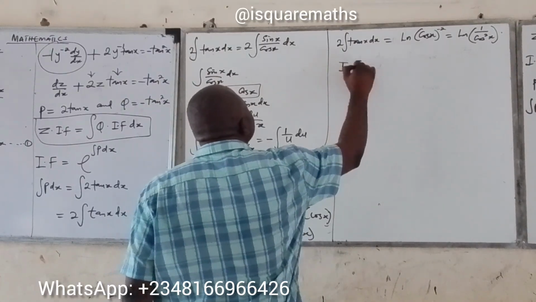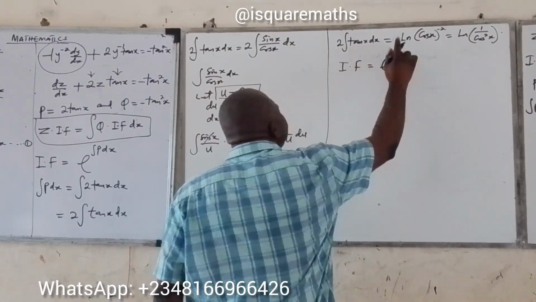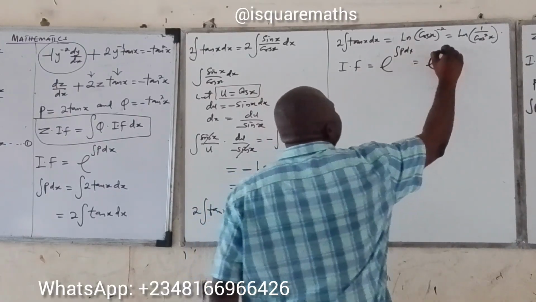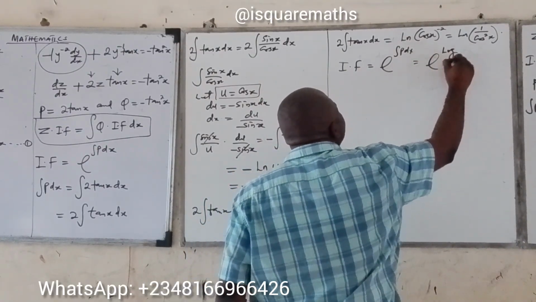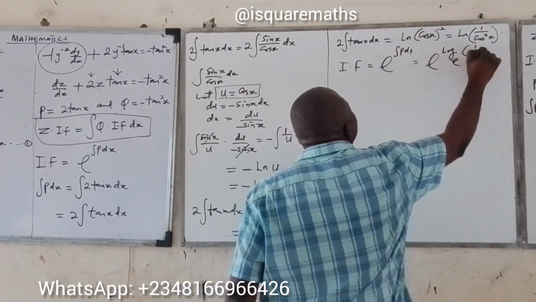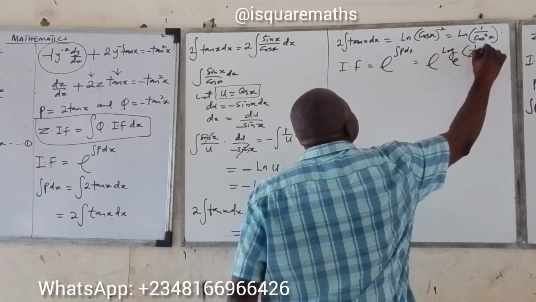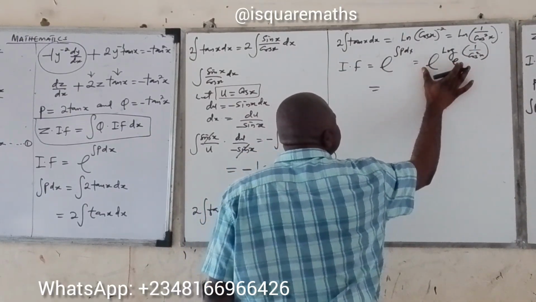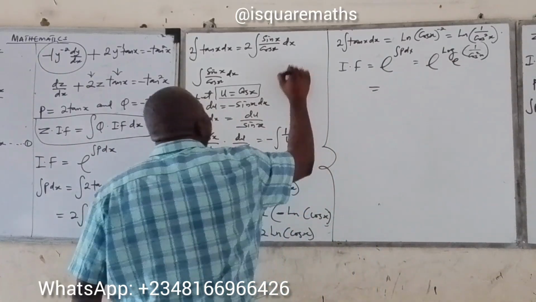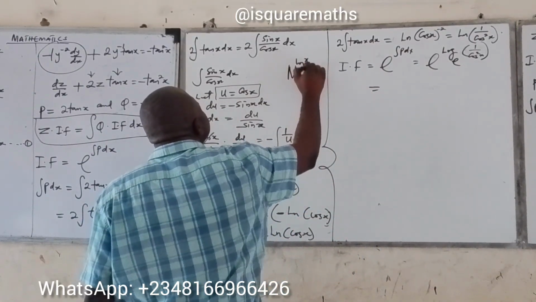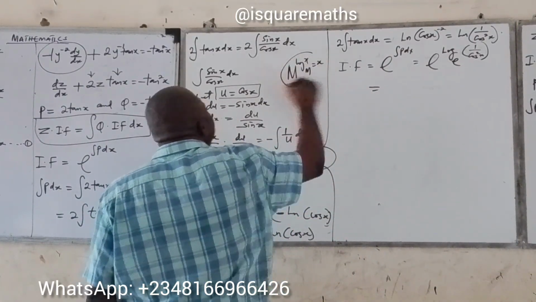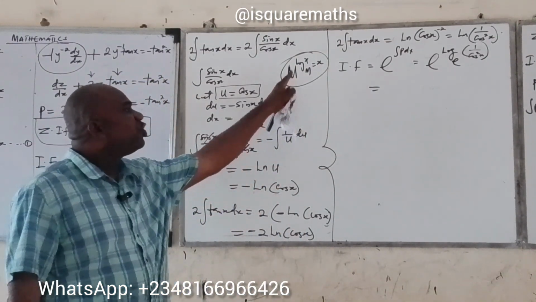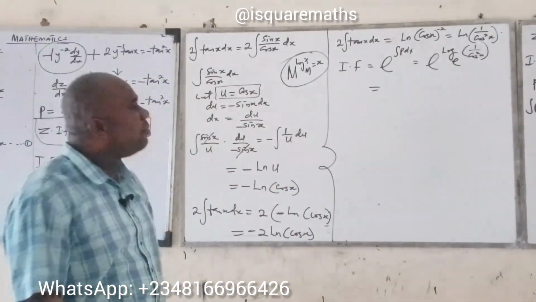The integrating factor will be e raised to the power of integral p dx, which is the same as saying e raised to the power of ln, or log, of 1 all over cos squared x. So now this will go with this. Remember we said m raised to the power of log x base m is equal to x. Remember this law from our class on logarithm: m raised to the power of log x base m is equal to x.